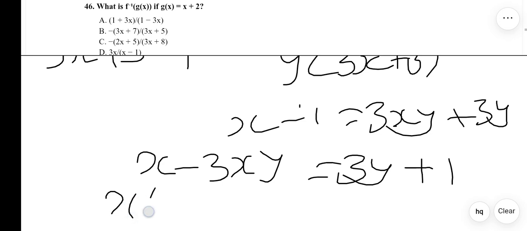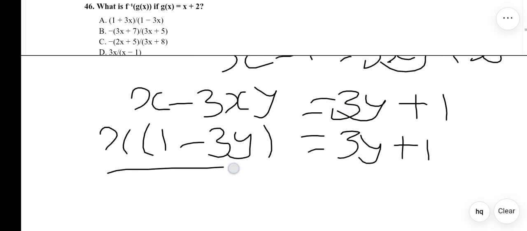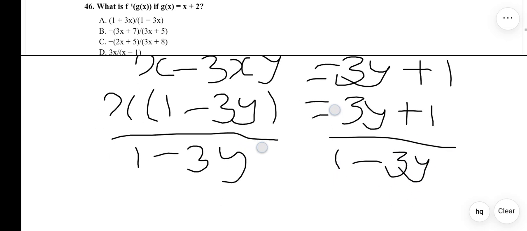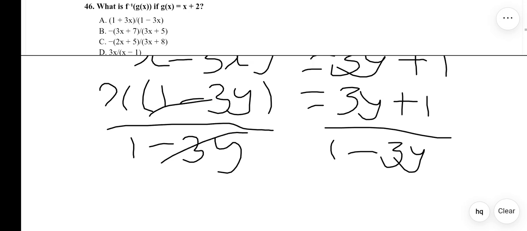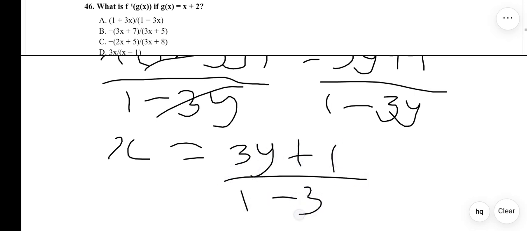So x is common here. This one remains 1, this one remains 3y. So x times 1 minus 3y equals 3y plus 1. So I will divide both sides by 1 minus 3y. Now this will cancel themselves. So I have my x to give me 3y plus 1 all over 1 minus 3y.